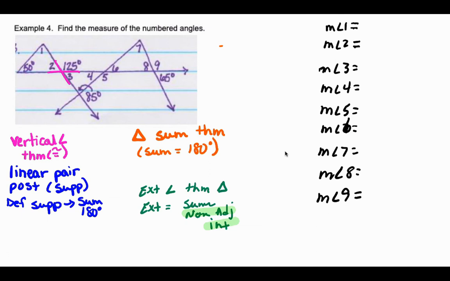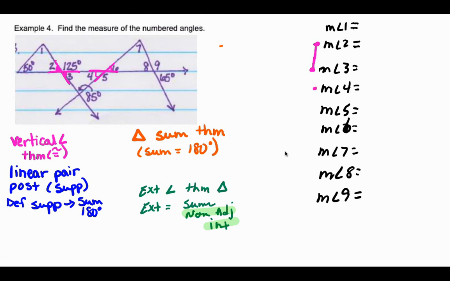So look for the x's for your vertical angles. So this angle 2 and 3 are a set of vertical angles. So this angle 2 and this angle 3 are going to be the same measurement. We also have a set of vertical angles with 4 and 6.